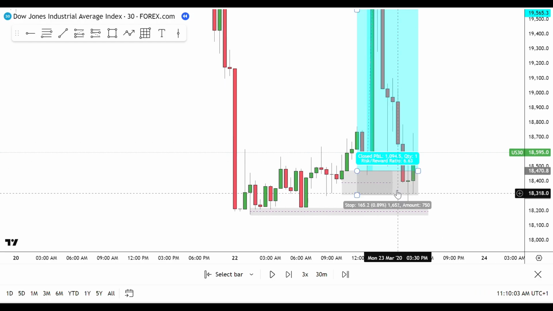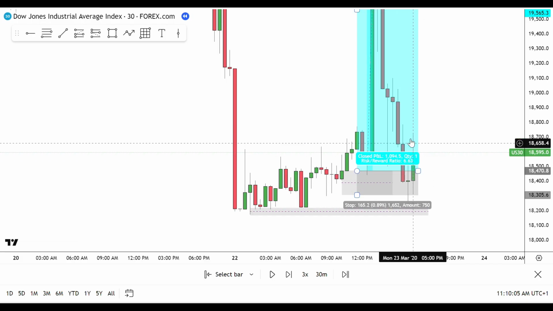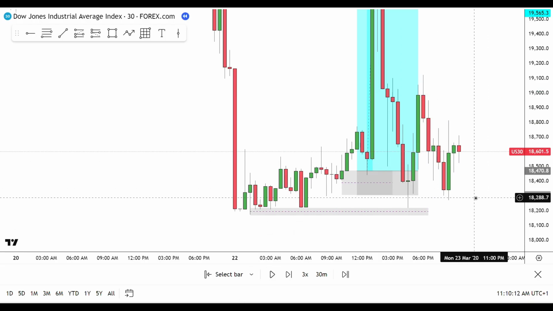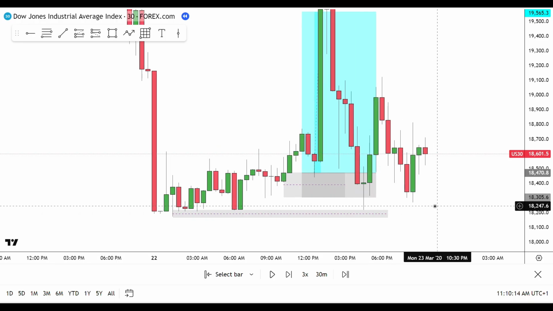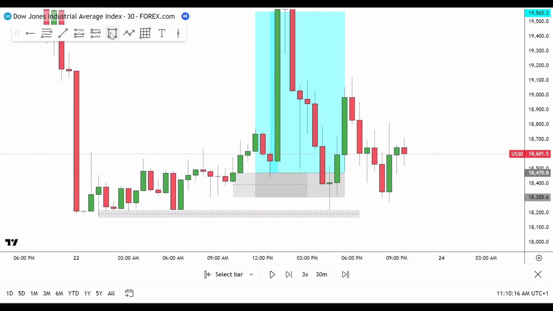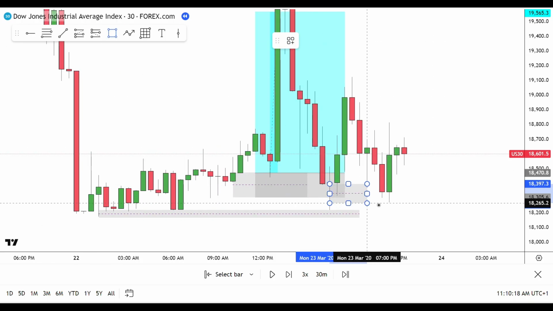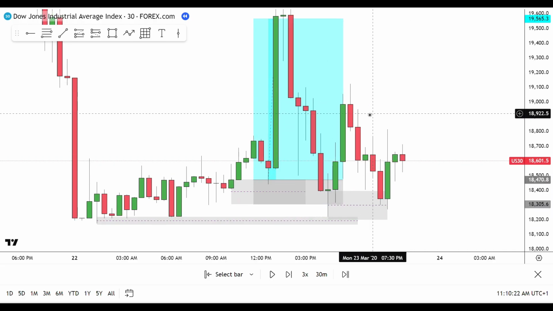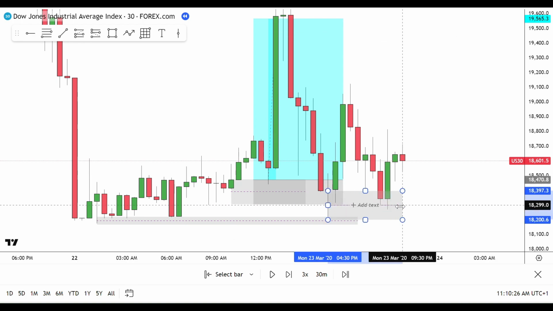All right. So there was the rejection and there was this. So we need to see confirmation that buyers are willing to actually hold the market. Okay. All right. We see that. So they were bullish and then they came into this zone and held, and then tapped into here.